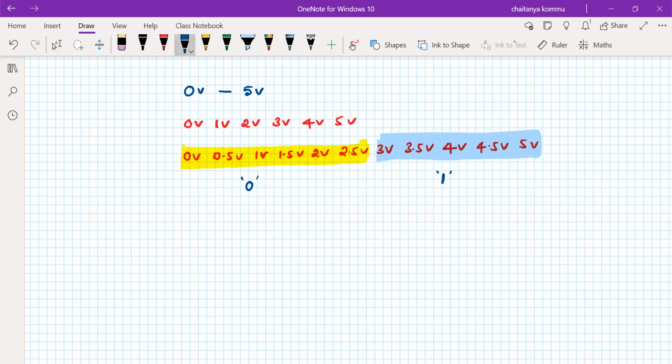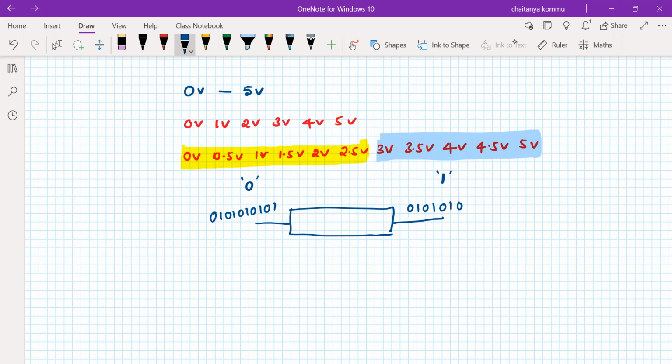Therefore, any digital system receives a series of logic zeros and logic ones, and the output is also a series of logic zeros and logic ones. Is it clear to all of you? That is how we convert the physical phenomena into a logical way.